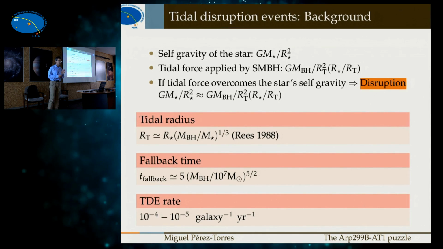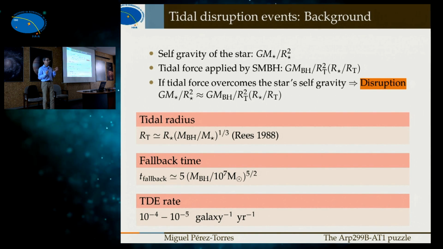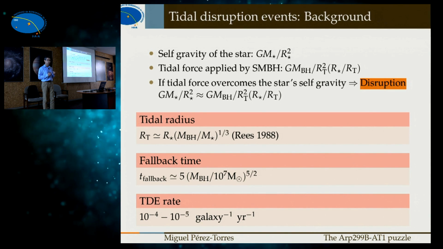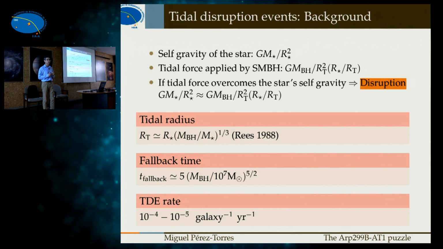As background, what we have here is the interplay between the self-gravity of a star, the star that goes close to the supermassive black hole, and the tidal force from the supermassive black hole.